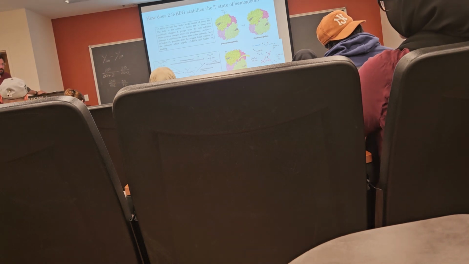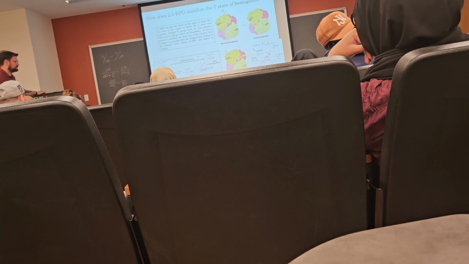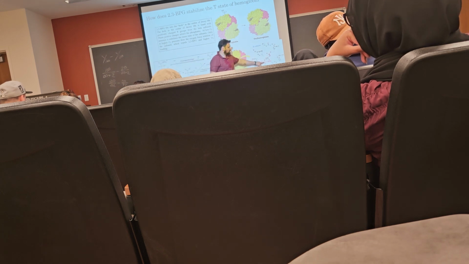Because remember, I told you the pKa's of an amino acid can change depending on the environment in which we find that amino acid. In this case, the histidine's pKa has changed such that they remain protonated. Why is this important? Well, we have now this 2,3-BPG, which is very negatively charged, in the pocket, surrounded by all these positively charged residues.